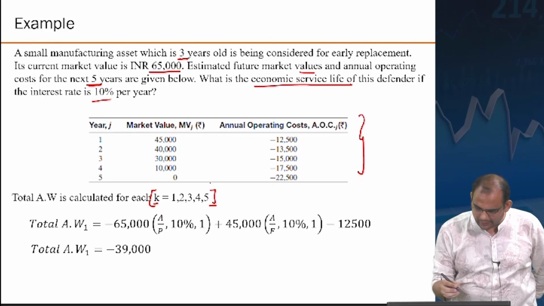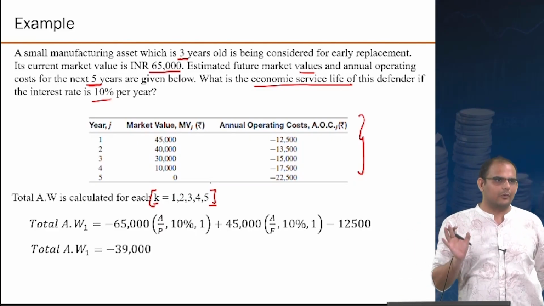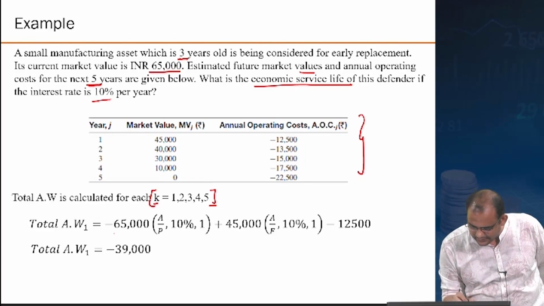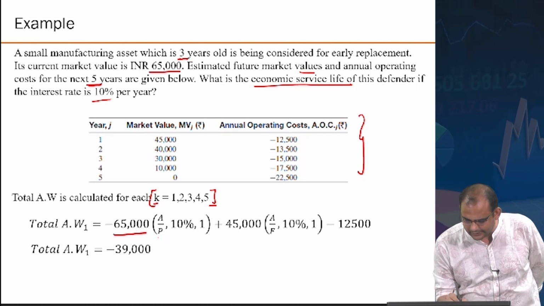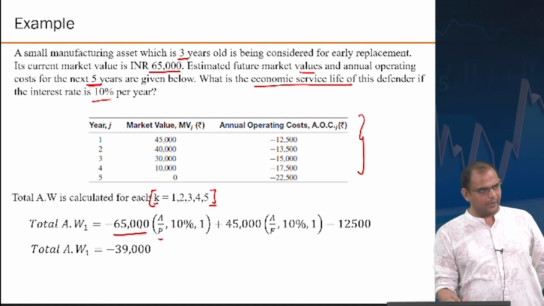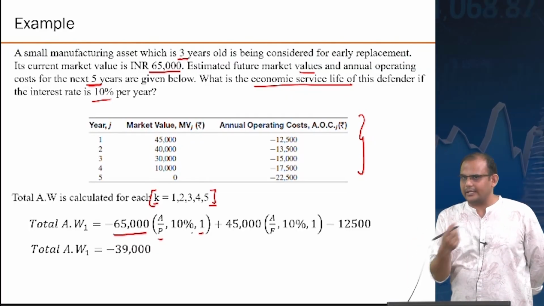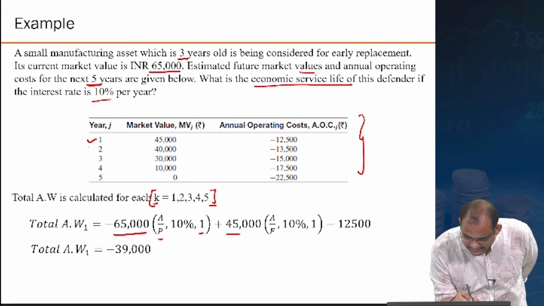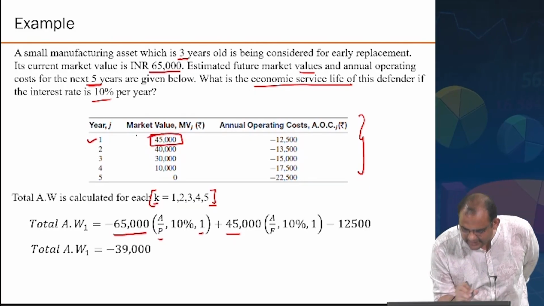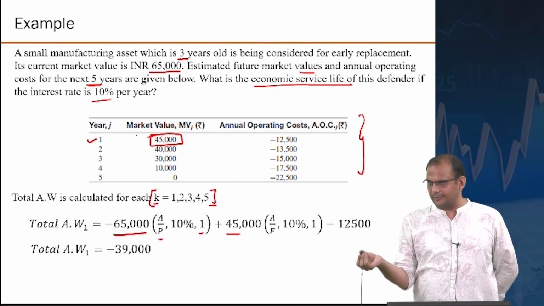Okay, so for 1 year, the total AW, total annual equivalent cost, is this 65,000 initial value distributed using the A by P formula over a 1 year period, because that's what I'm assuming, plus the 45,000, because at the end of year 1 the market value of this asset is 45,000, so that becomes the salvage value for me, right?